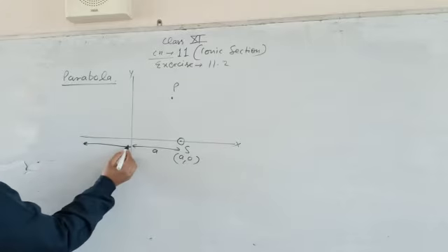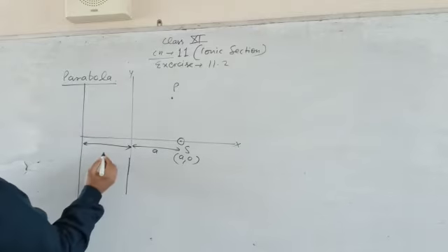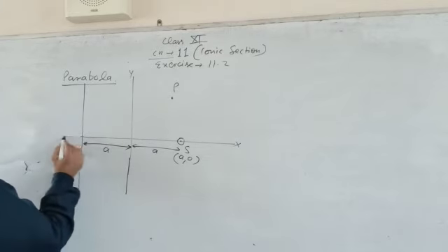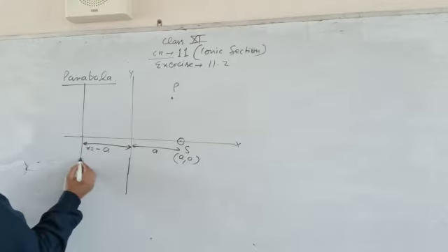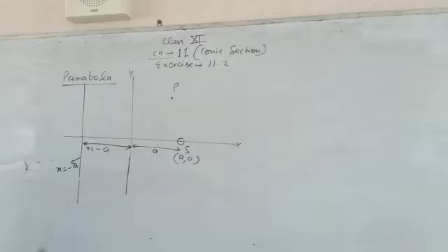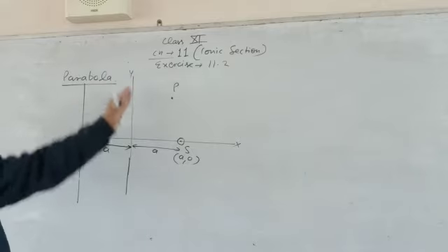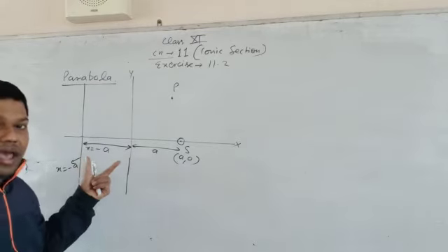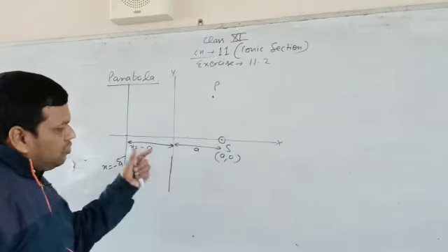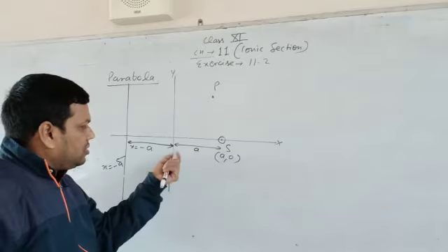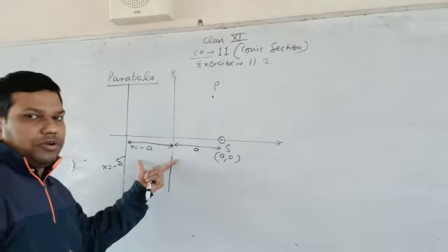At the same distance, there is a line parallel to the y-axis, denoted as x equals minus a. So this equation will be x equals minus a. It should be noted that the distance between this line and the point is always the same as the distance between the point and the axis.